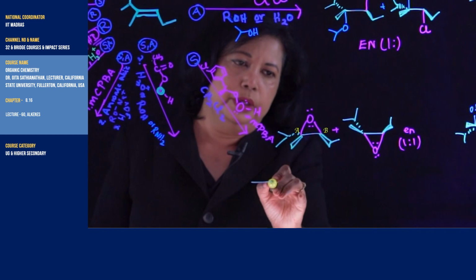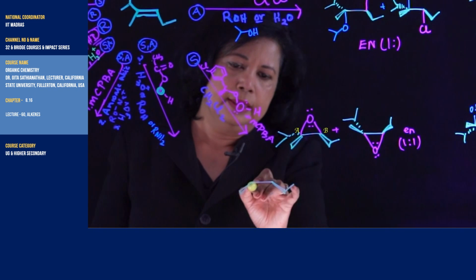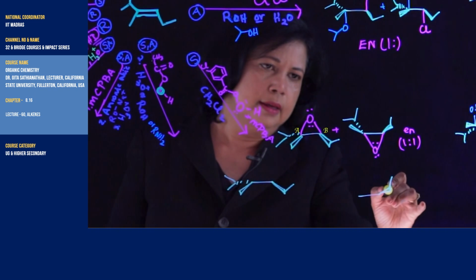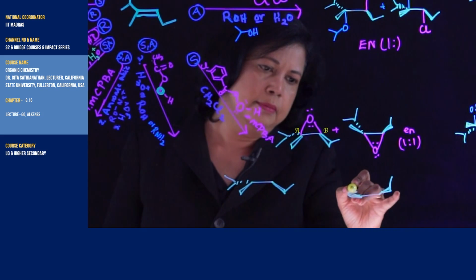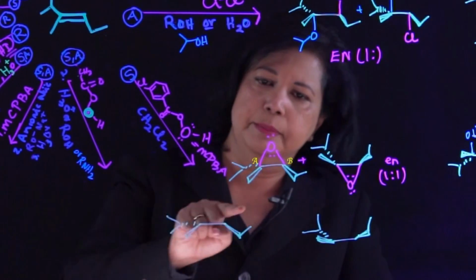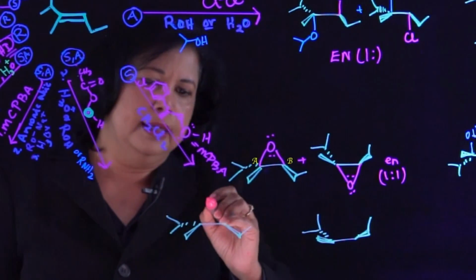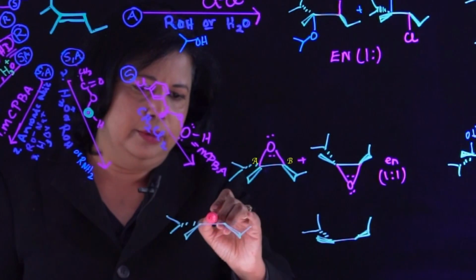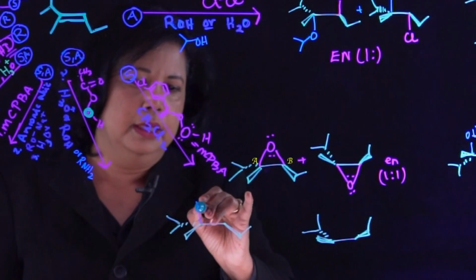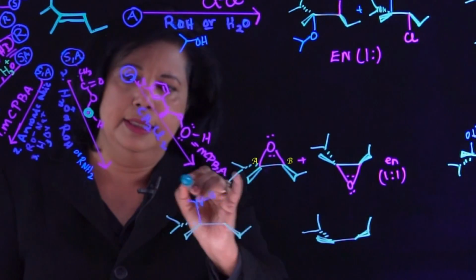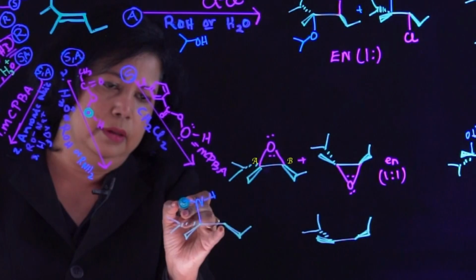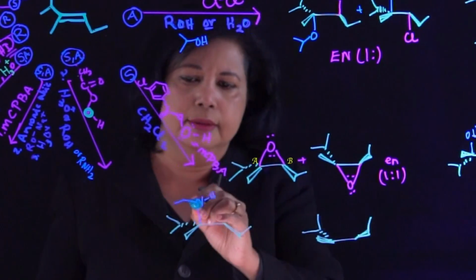So here we're going to get the same thing initially, which is the epoxide. And now you're going to get the epoxide being hammered by the amine and rolling over to make way for the amine. So in both cases, you're going to have the amine attack at the most substituted carbon, and then it gets deprotonated. And let's say the amine comes with some R group, like an ethyl or some other group, and you're going to get that.